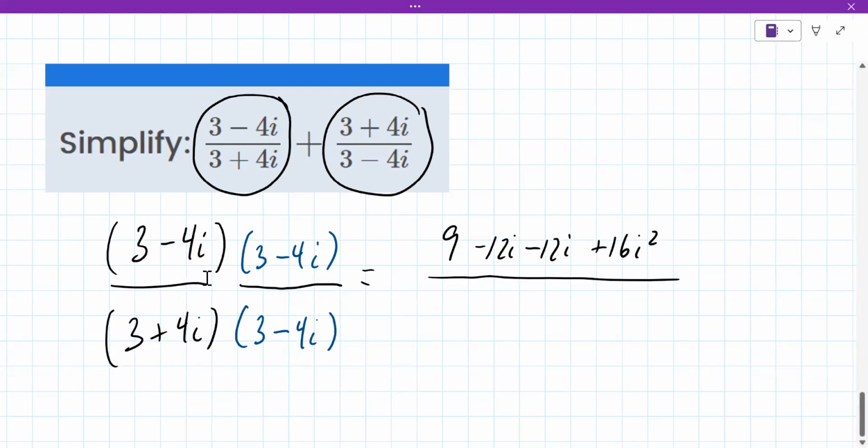So we do the same. It's not the same thing on the bottom. There's an addition sign this time. The bottom is more like the one you just did in the previous problem.